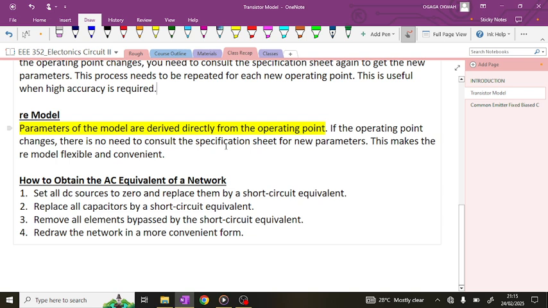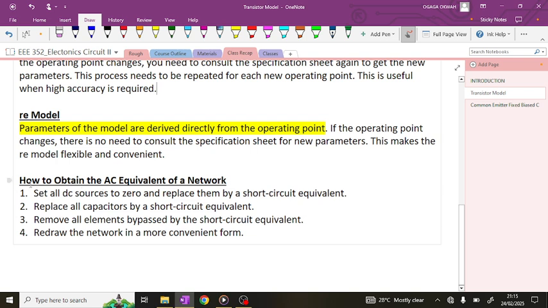No need to check and check again. Just derive the new parameters directly from the operating point once it changes. That makes it flexible and convenient to work with, and that's what we are going to be dealing with.